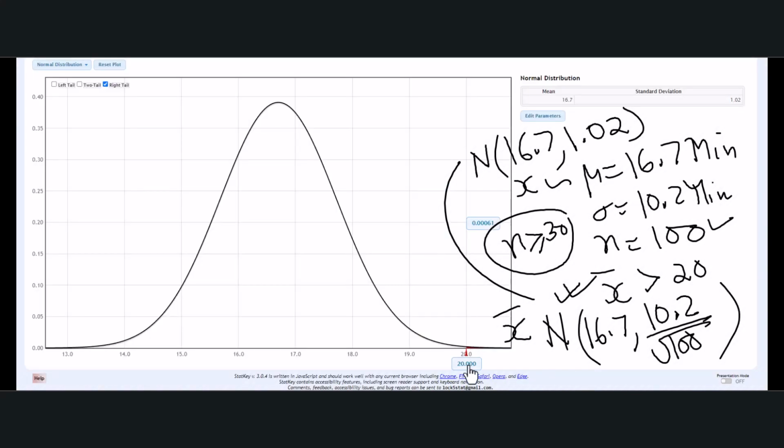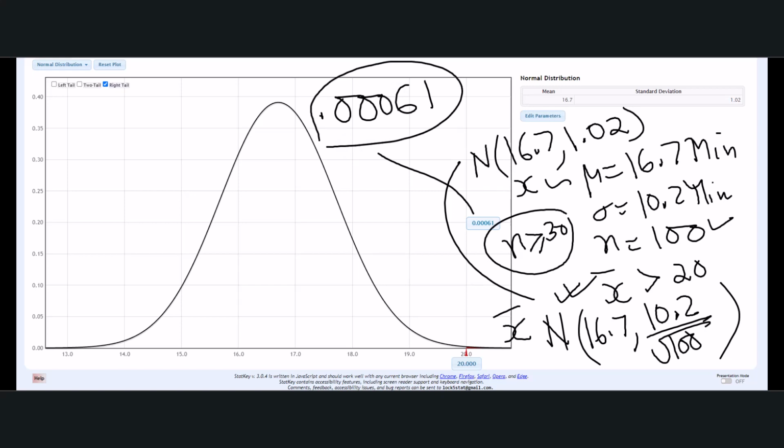So here is 20, and it tells us that 0.00061 is the proportion that will be higher than 20 minutes, or 0.061% of the calls will last for more than 20 minutes.